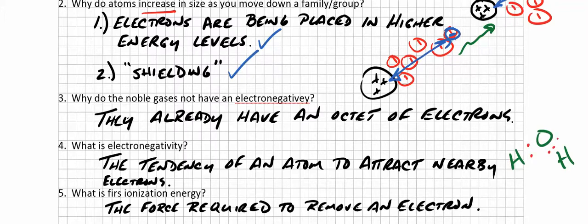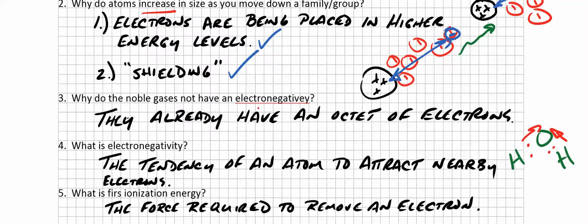As it turns out, oxygen wants to hold on to those electrons more than hydrogen. It is more what we call electronegative. And so the electrons tend to be pulled toward the oxygen and away from the hydrogen, okay? Toward the oxygen and away from the hydrogen. That's called electronegativity.